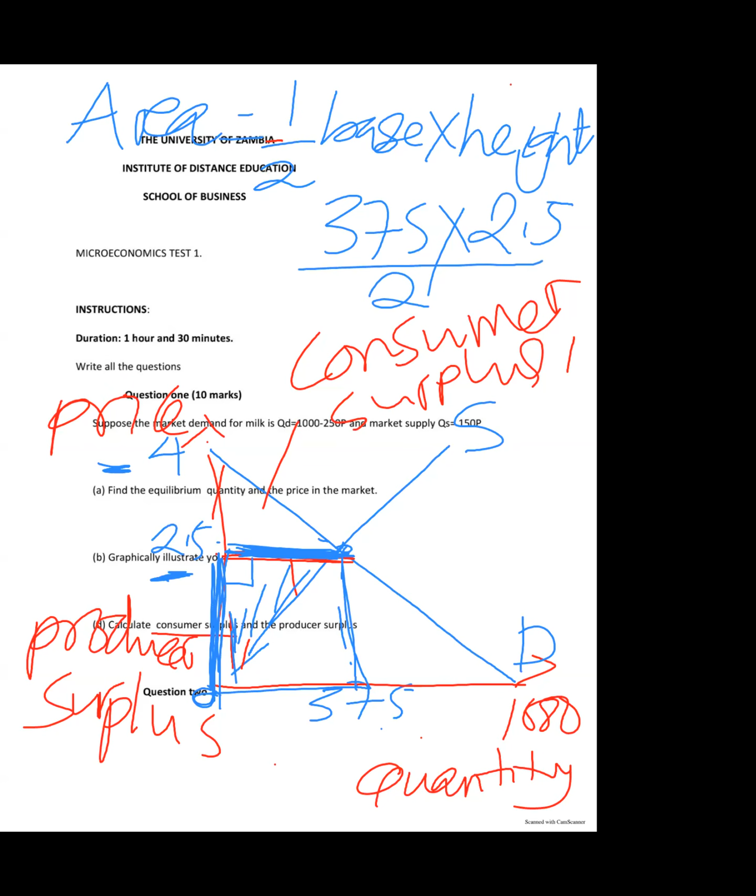When you multiply 375 by 2.5, it gives us 937.5. We divide that by 2 to find the area.